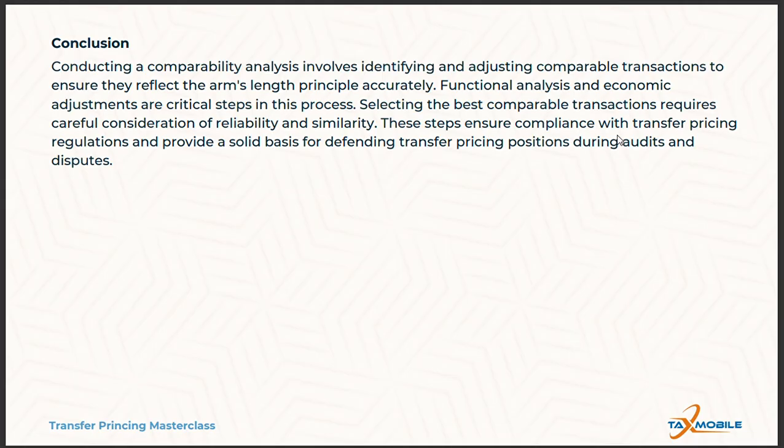Multinational enterprises can ensure compliance with global and local transfer pricing regulations. Additionally, the use of statistical methods such as the interquartile range, which we have been discussing, further refines the analysis, making it more reliable and defendable in case of tax audits or disputes.